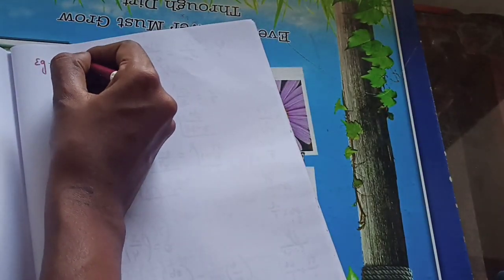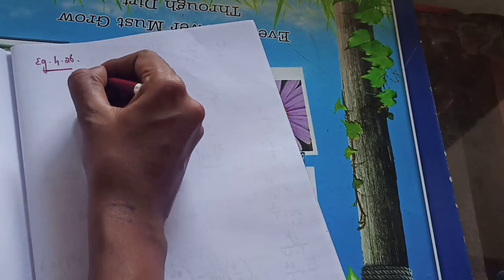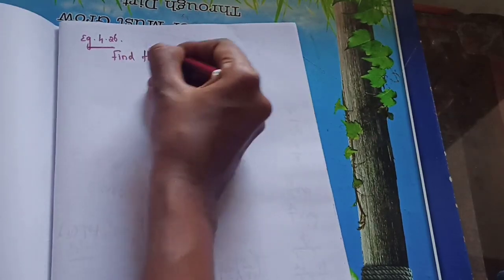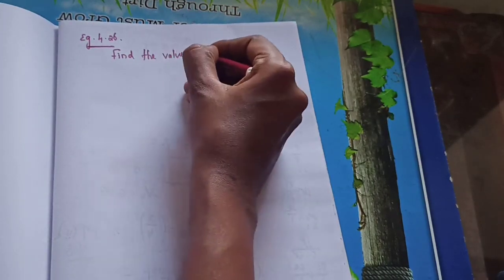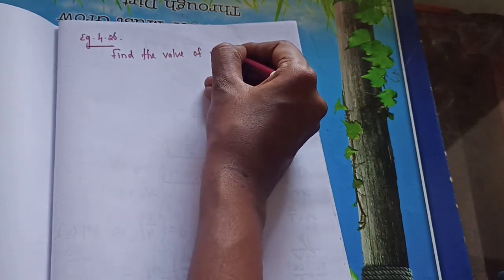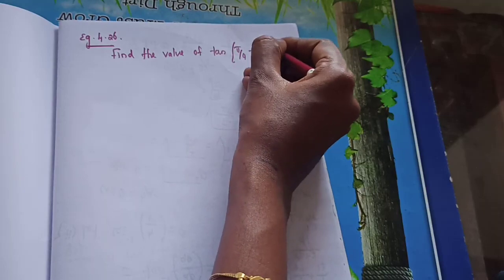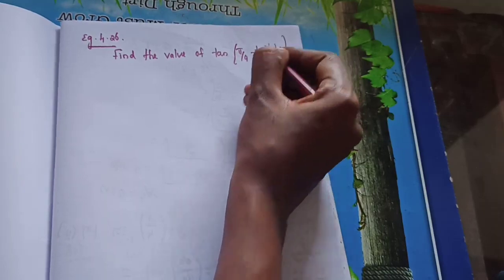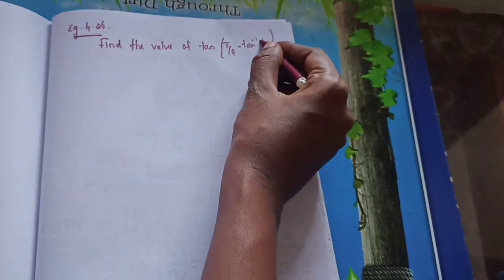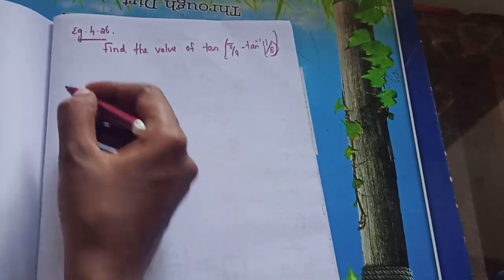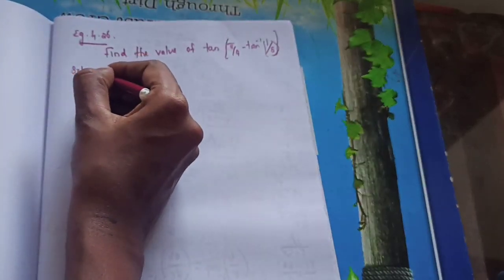Example 4.26. Find the value of tan of pi by 4 minus tan inverse of 1 by 8. Okay. So solution.